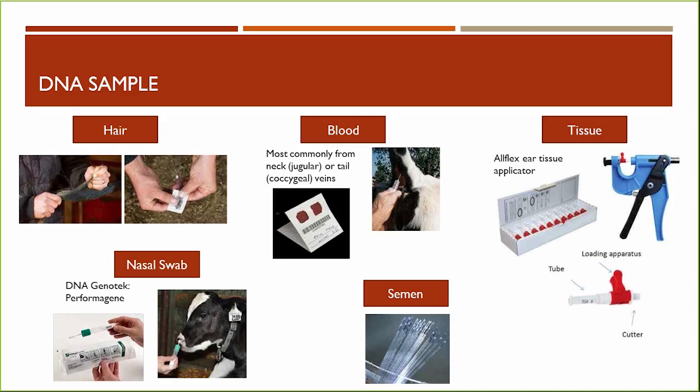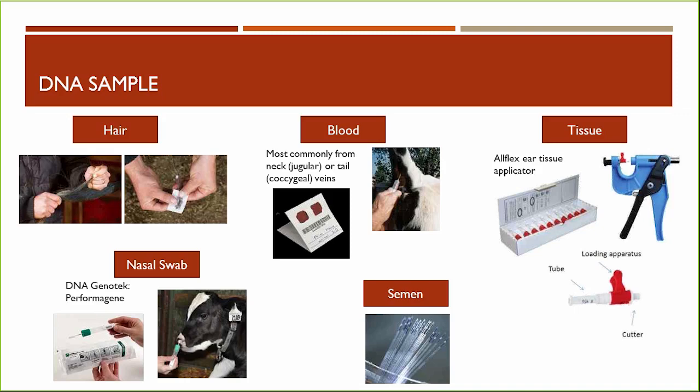These are the exact same applicators that you see when you're putting in the ear tags, but in this case, it actually saves the little tissue sample from where that would go into a vial, and you put it right back in the box and send it in to the companies for genotyping. Other options that you can use are nasal swabs.